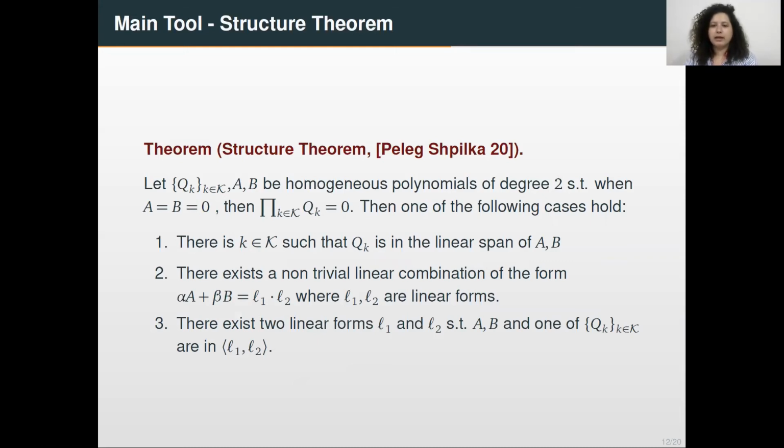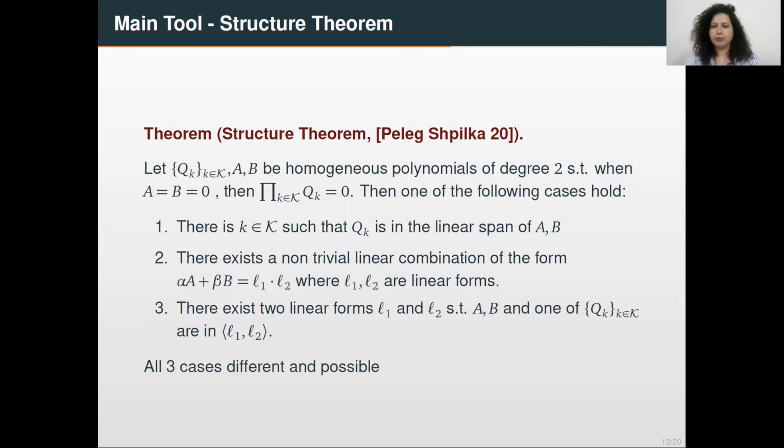By that we mean that in some sense they have low complexity because they can be represented as a sum of two reducible quadratics. This is not the general case of quadratic polynomials. So these are the only three cases that can occur when the product of quadratic polynomials vanishes whenever two quadratics vanish together. We proved that all three cases are indeed different and all of them are possible.